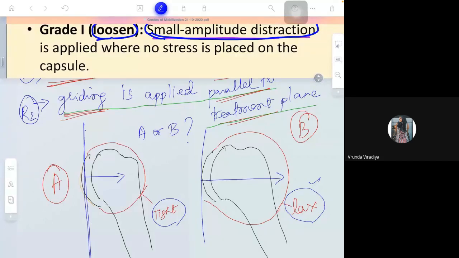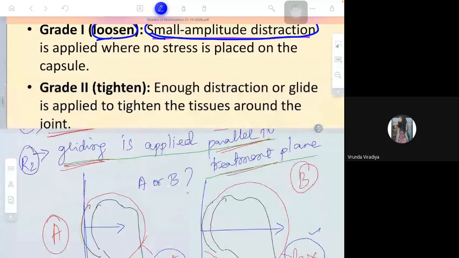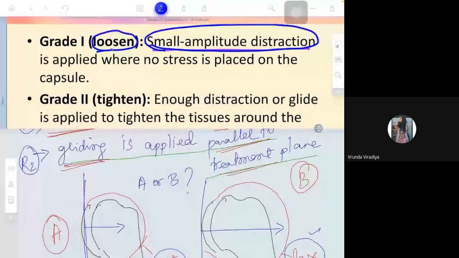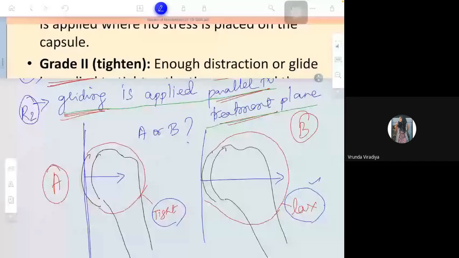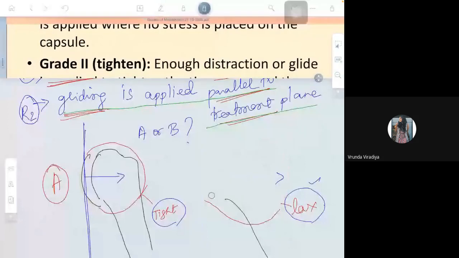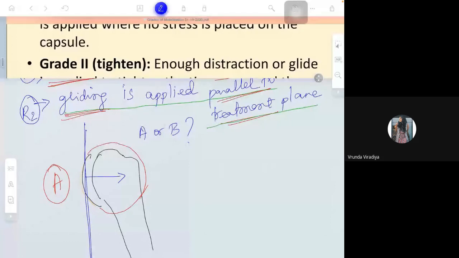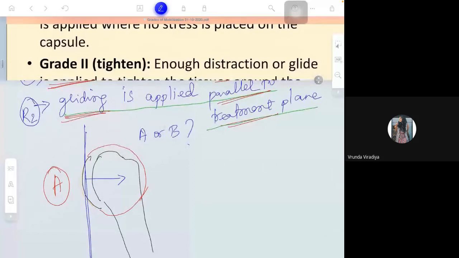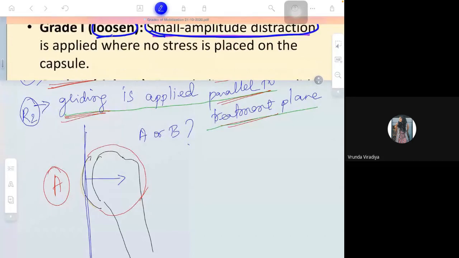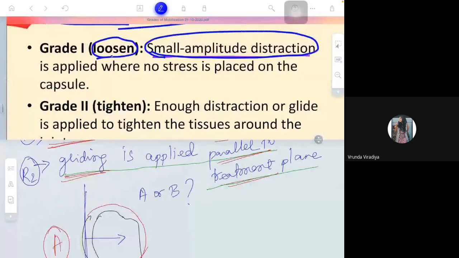So what is grade 1 when you are distracting? I'll take this example. I am giving distraction where you will not feel any stress in the capsule. So this is called grade 1 distraction. Now what is grade 2?